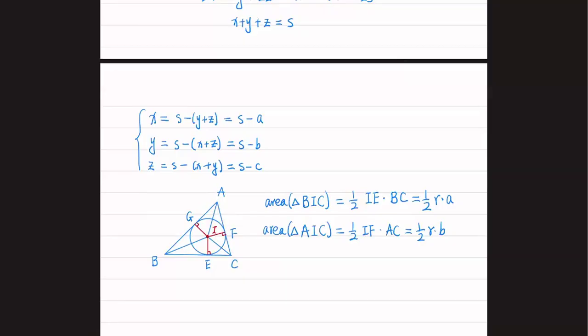Aaron, the third triangle, area AIB. 1/2 of IG times AB, also known as 1/2 of R times C.